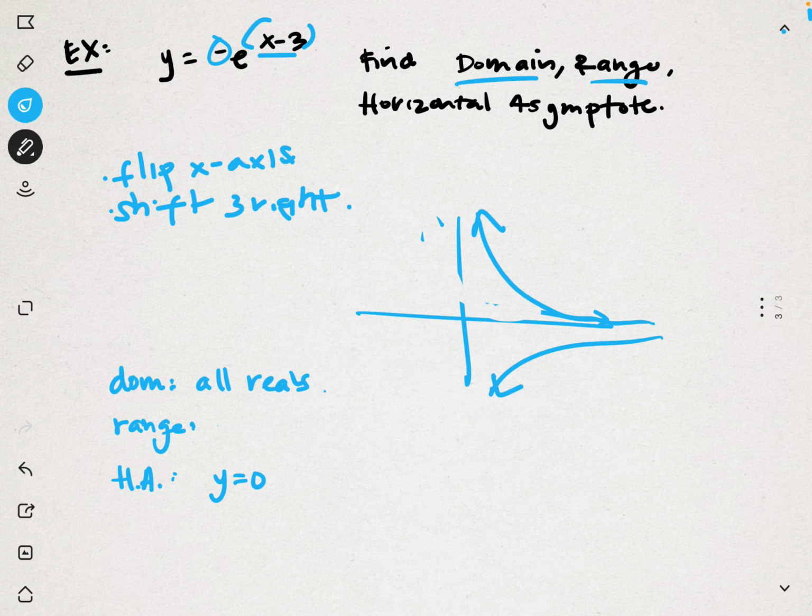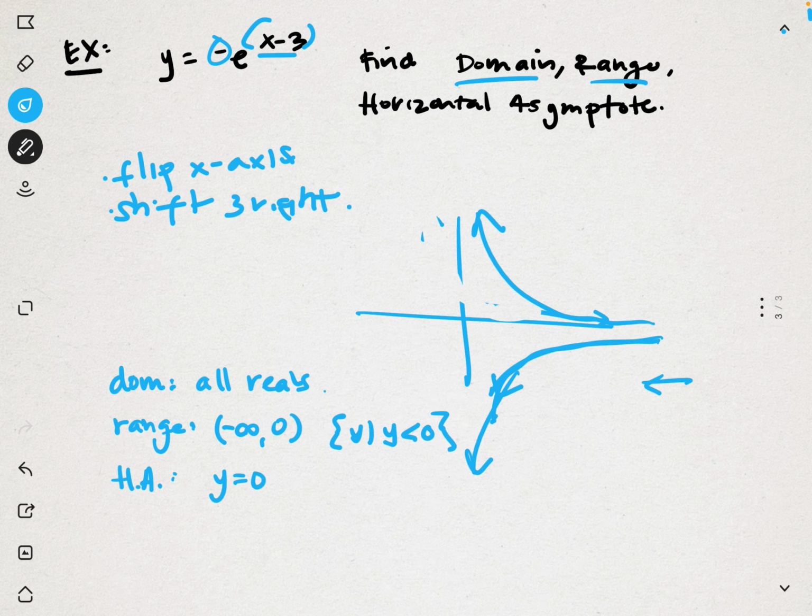Right, because now it's below the x-axis. So our range is going to be from the top now is going to be 0, and the bottom is going to be negative infinity. So when we write this, we have to say y such that y is less than 0.